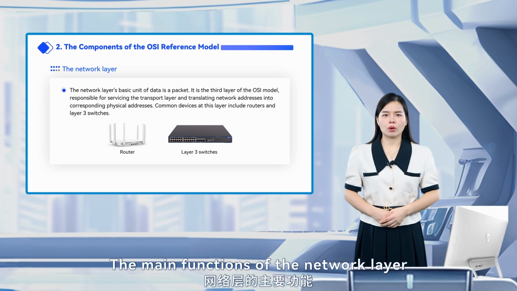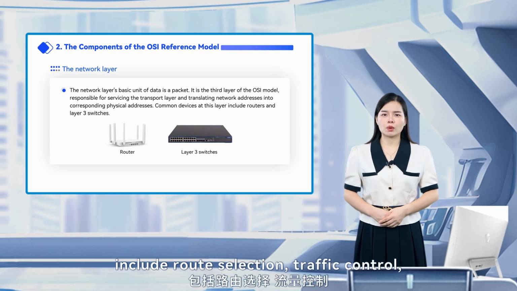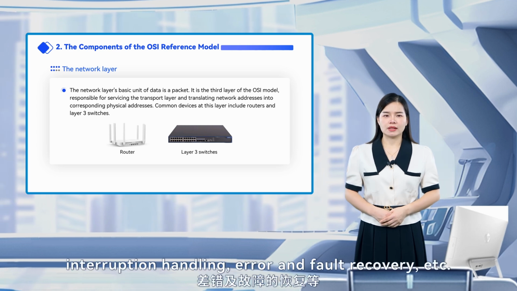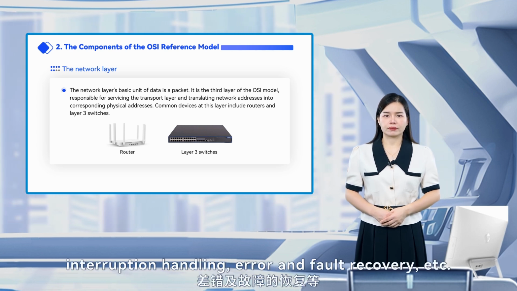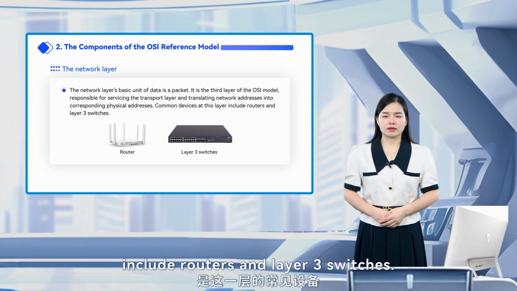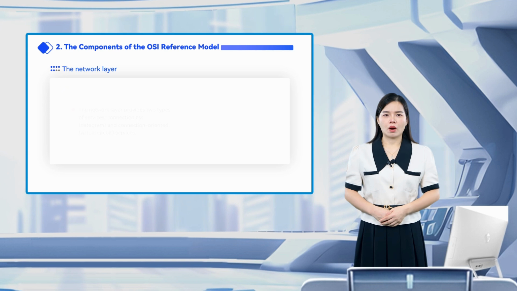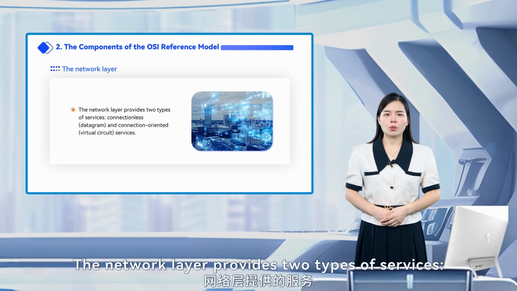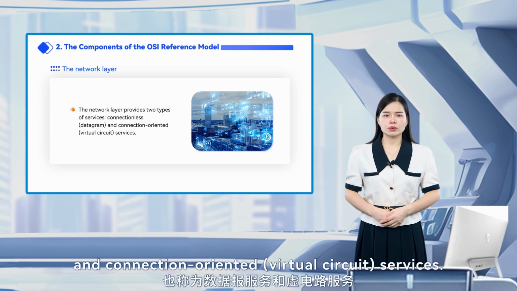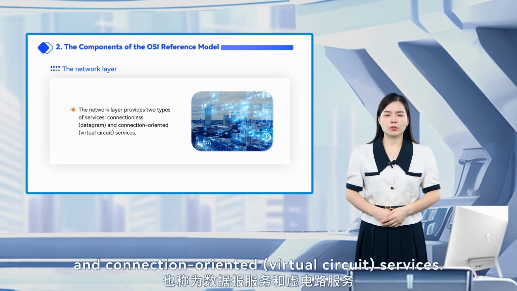The main functions of the network layer include route selection, traffic control, transmission acknowledgement, interruption handling, error and fault recovery, etc. Common devices at this layer include routers and Layer 3 switches. The network layer provides two types of services: connectionless, datagram, and connection-oriented, virtual circuit, services.